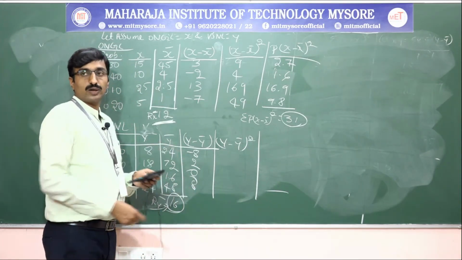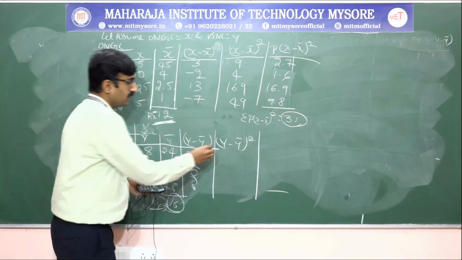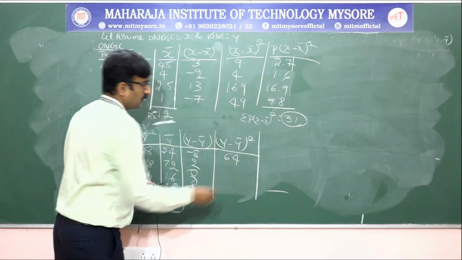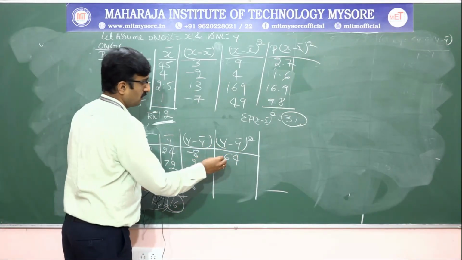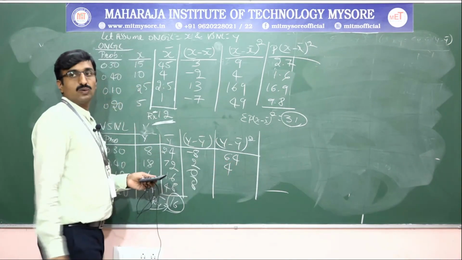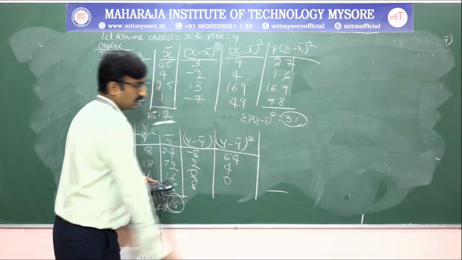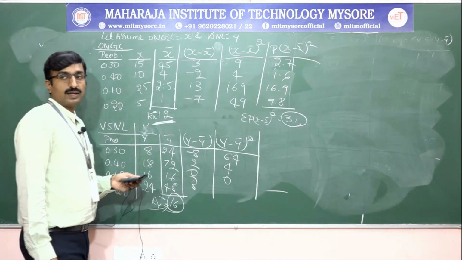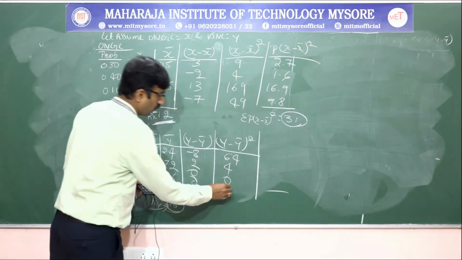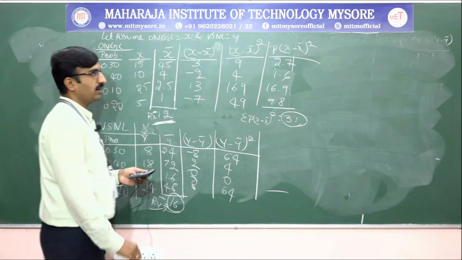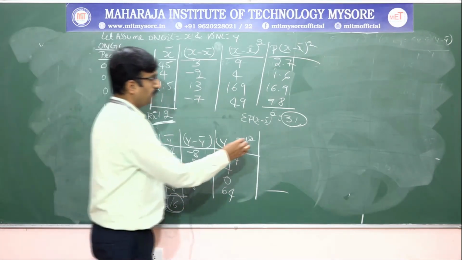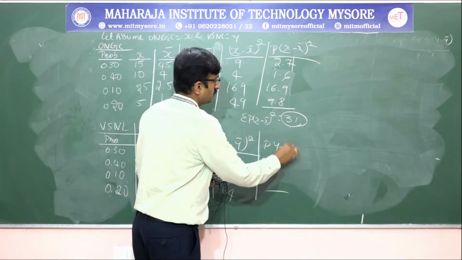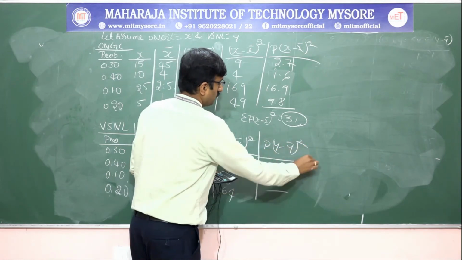Then go for Y minus Y bar square. 8 squared is 64, 2 squared is 4, 0 is 0 only. Then 8 squared, it is 64. This is Y minus Y bar square. Then you go for P into Y minus Y bar whole square.